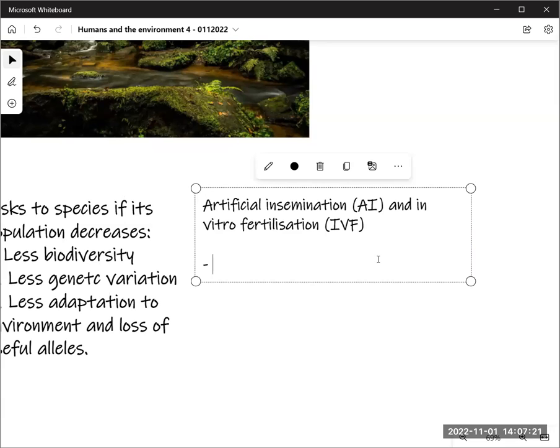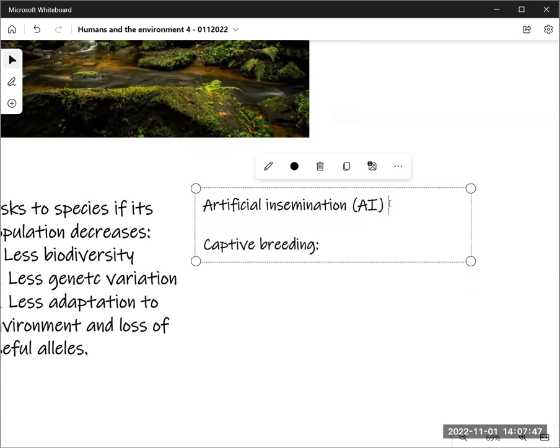Now, what is this all about? This is about taking a fertilization happening outside in a test tube, basically. Basically outside. Let's see how this works. The first thing is captive breeding, right below it. The title should be artificial insemination in captive breeding.